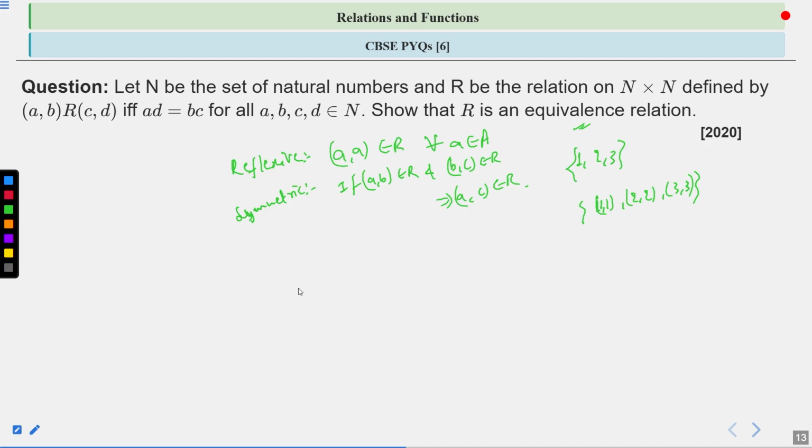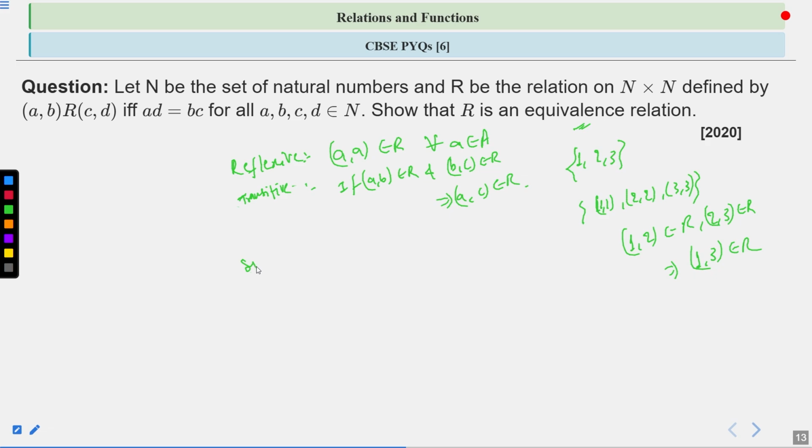This was the condition of transitive. That is, if (1,2) belongs to R and suppose (2,3) belongs to R, this implies (1,3) must belong to R. Clear? For the relation to become transitive.